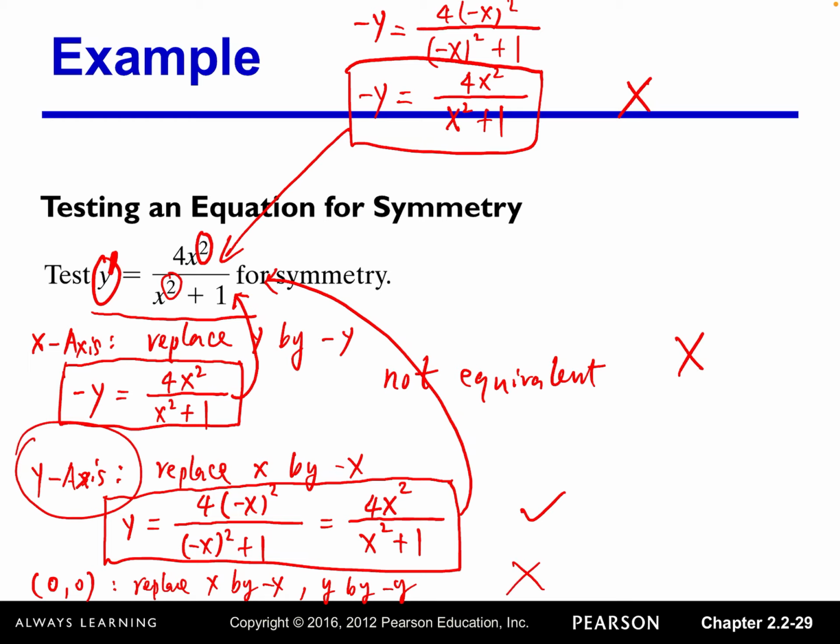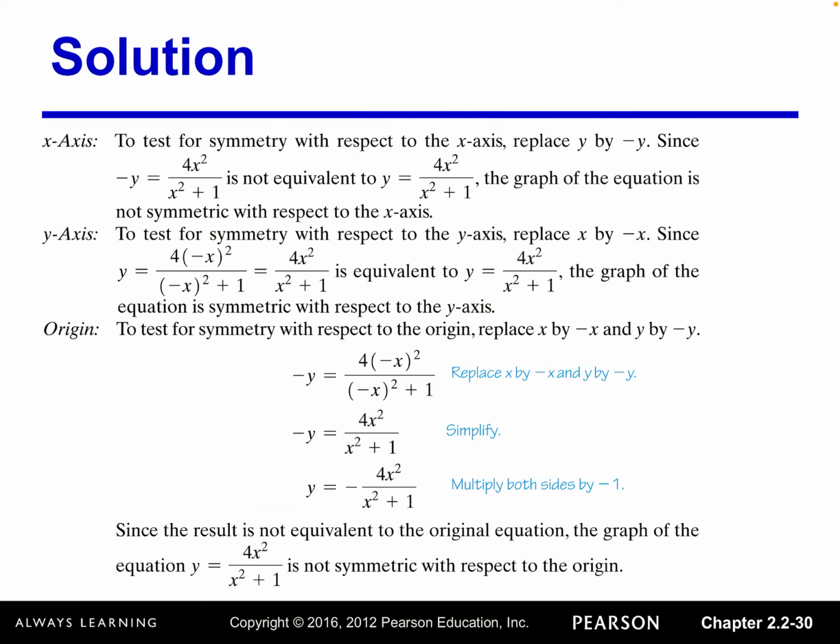The nature of the symmetry testing is basically testing whether the exponent on each variable is an even number or an odd number. That corresponds to the symmetry property. So I hope that helps you understand the symmetry testing a little bit.